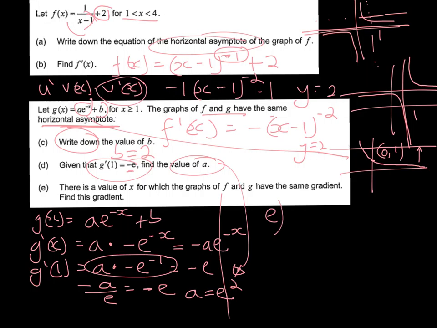For part E, there is a value of x at which the graphs of f and g have the same gradient. Find this gradient. So the way to do this is to graph both of the derivative functions, and then the solution will be where they intersect.